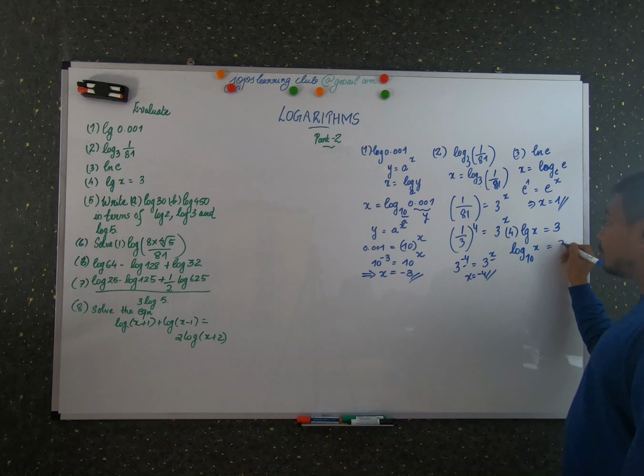So what are the factors of 30? Divide by 2, then you get 15, then divide by 3, then you get 5. So this is log of 2 into 3 into 5.